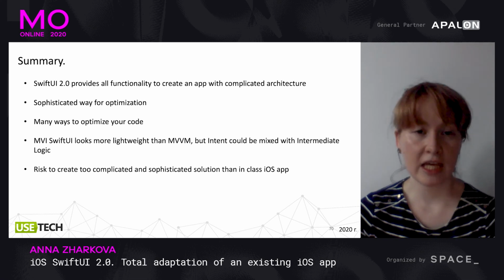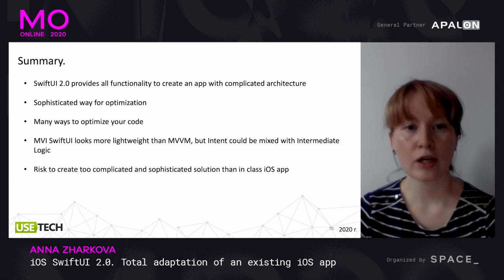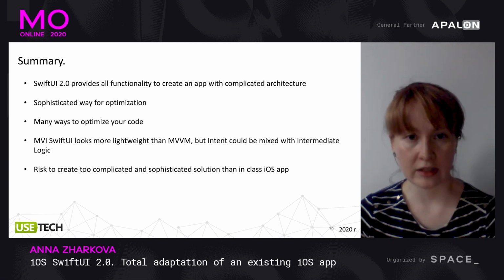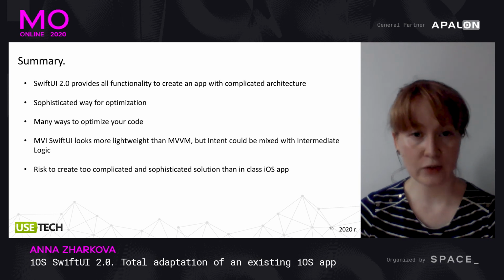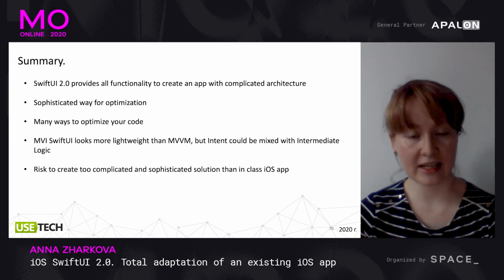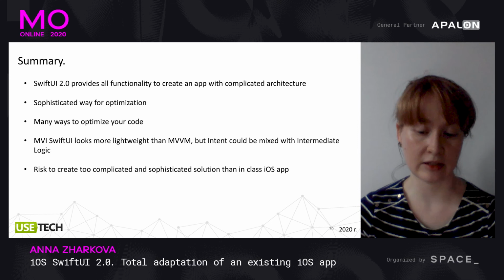It is the main problem. If you decide what the role of intent is in your architecture, it will be simpler. And of course, there is a risk of creating a too complicated, sophisticated solution compared with a classic iOS application.